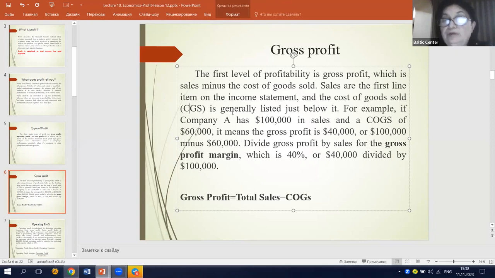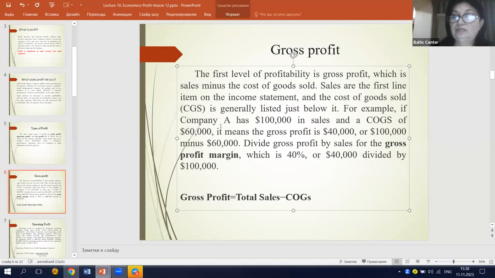For example, if company A has $100,000 in sales and the cost of goods sold is 60,000, the gross profit is 40,000, or 100,000 minus 60,000. You divide the gross profit by sales for the gross profit margin, which is 40%.